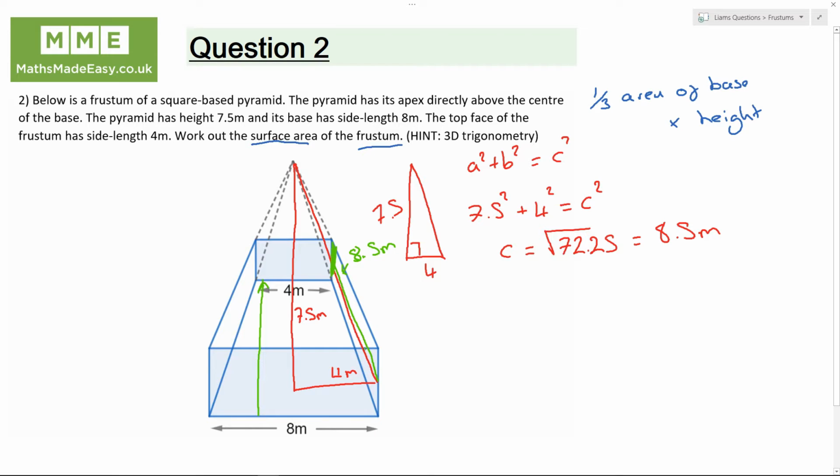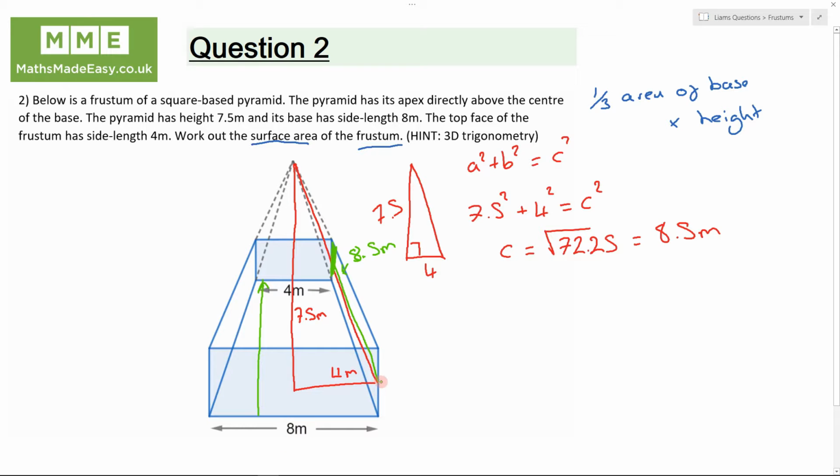So you can see that this is the larger pyramid, has a base of 8 meters, and the smaller pyramid has a base of 4 meters. These pyramids are similar shapes, so if the ratio of the bases are 8:4, then that means that there is a 2 times enlargement between the smaller shape and the larger shape.